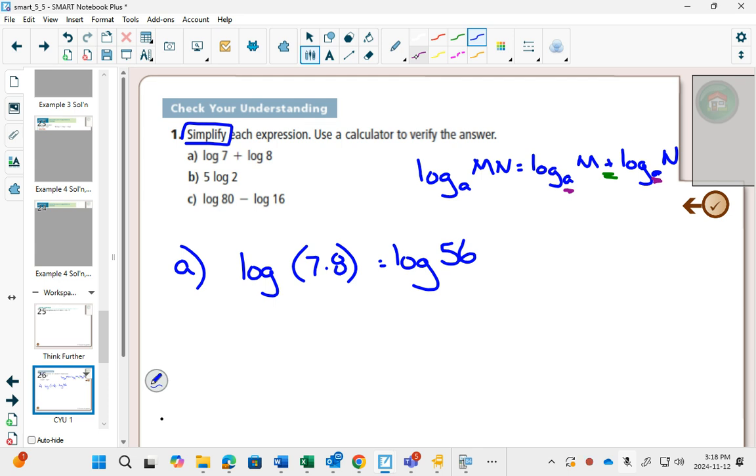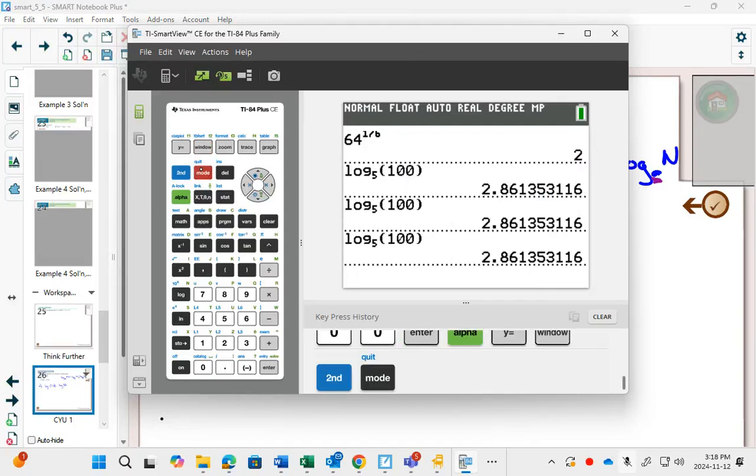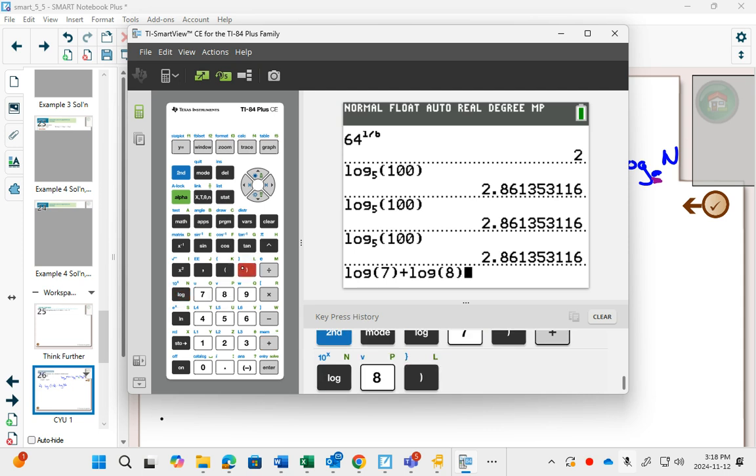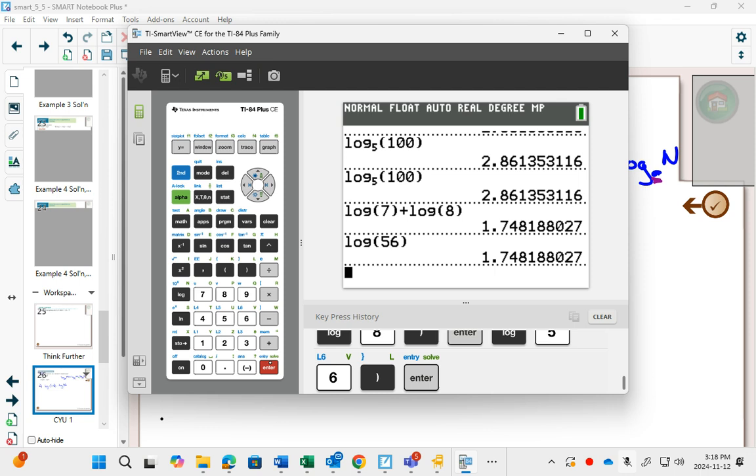Now I have a single logarithm, and that means it is simplified. It says use a calculator, so you could type in log 7 plus log 8, push enter. Here, we'll do it quick. I could quickly check log 7 plus log 8 and check log 56 and notice that they are identical.